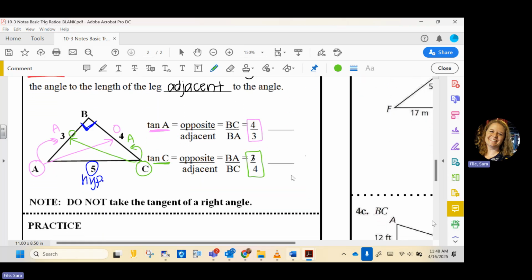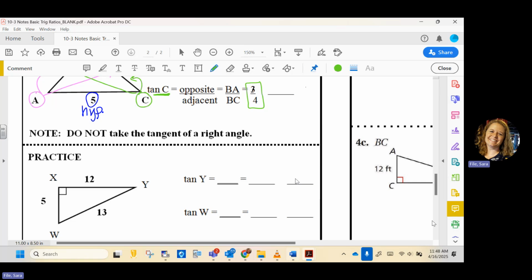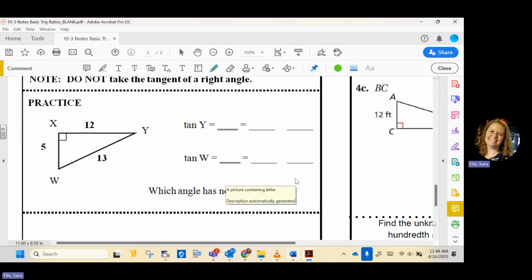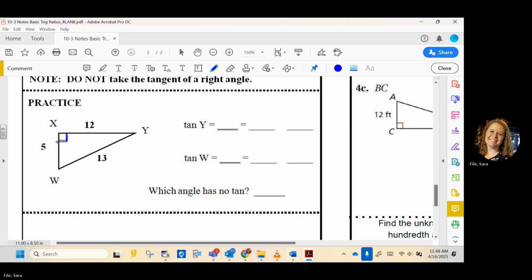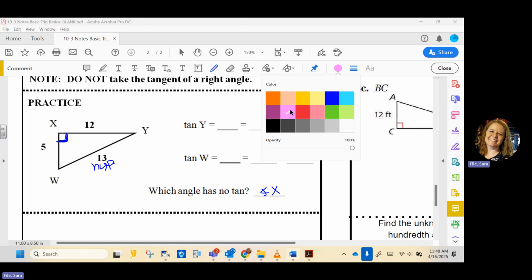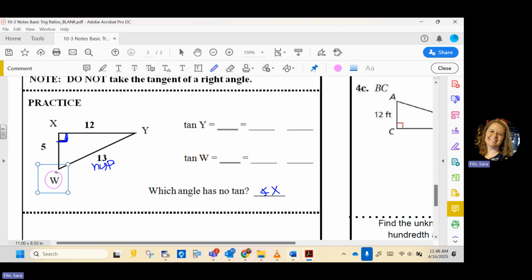Okay, you're never going to take the tangent of the right angle. Okay, so what's the right angle here in this one? The X, so you will not take tangent of angle X, that's for sure. Okay, your hypotenuse is 13, no matter which of the acute angles you're measuring from. Let's start with W. Okay, so the tangent from angle W, remember it's opposite over adjacent.